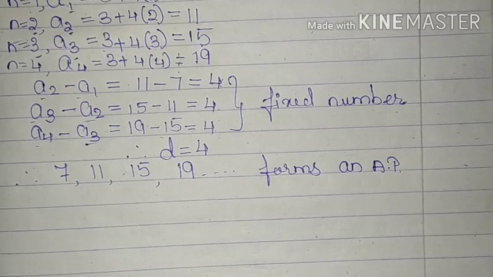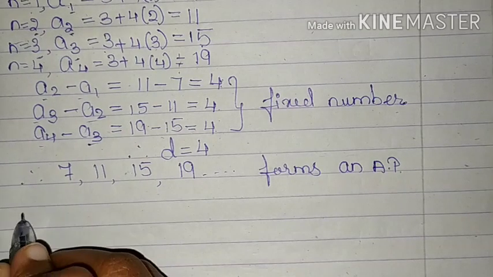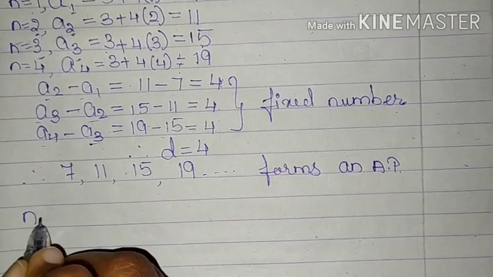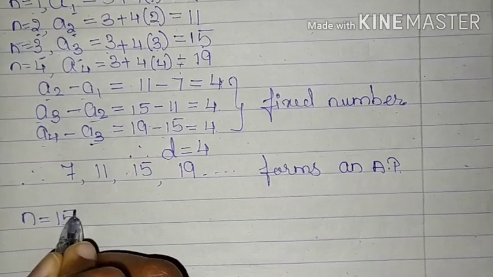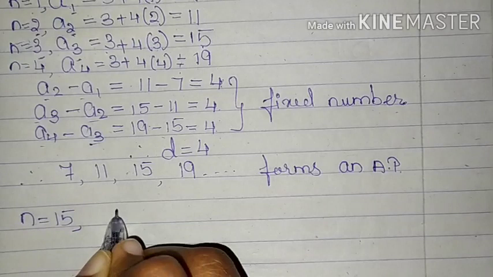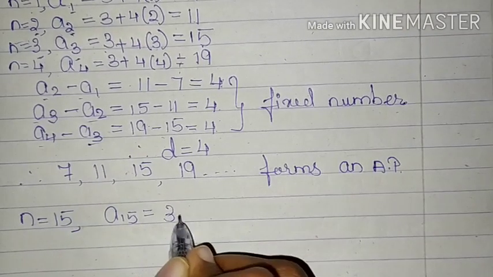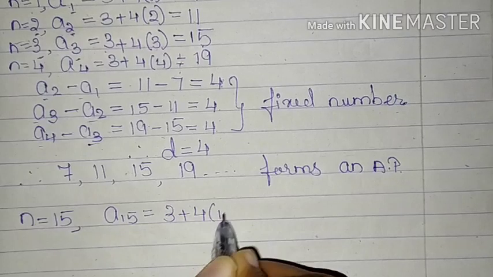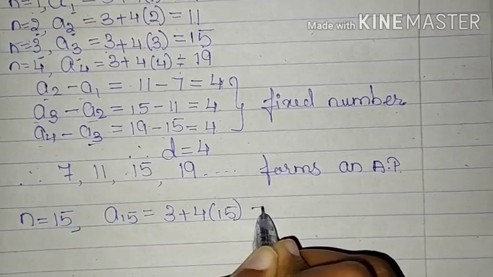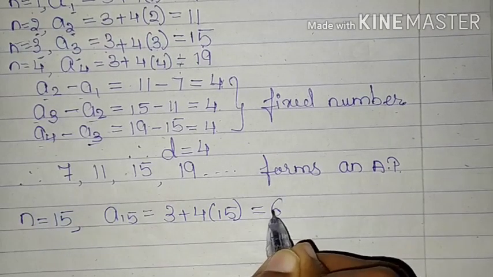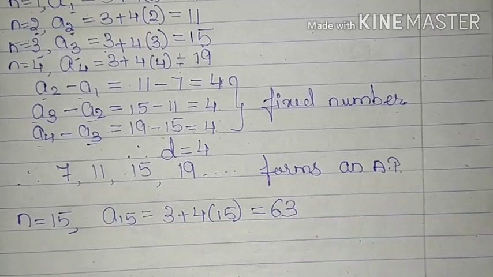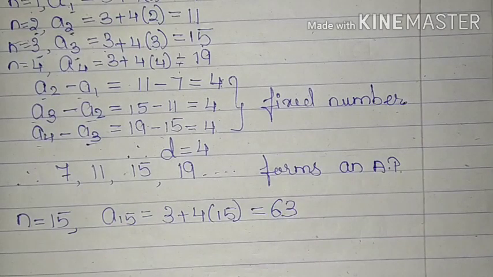Now we want the value of an, which is nothing but a15. So first let us determine the value of a15. I will take n is equal to 15, then a15 is equal to 3 plus 4 into 15. 15 4s are 60. 60 plus 3, 63. So a15 is equal to 63.